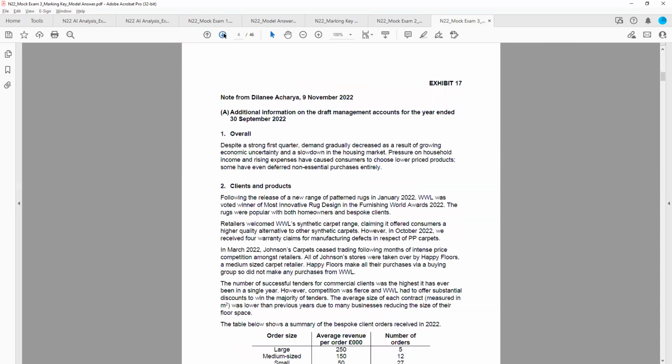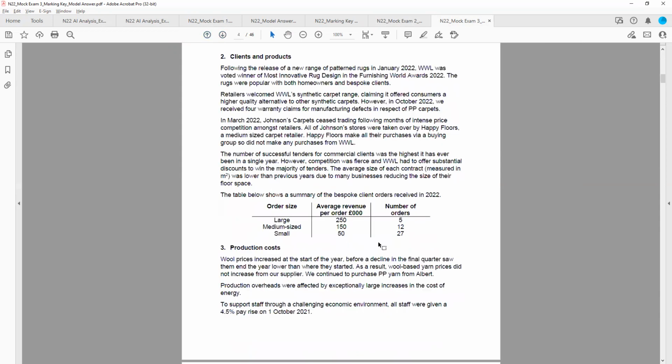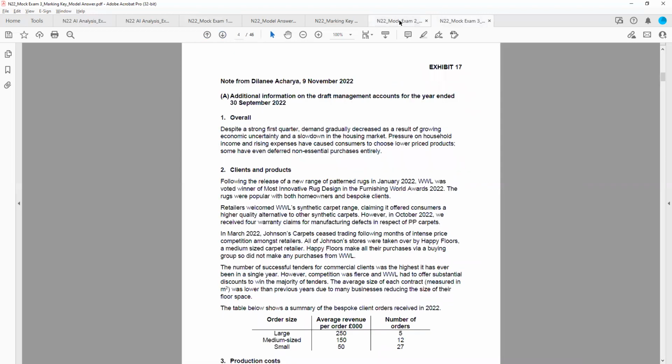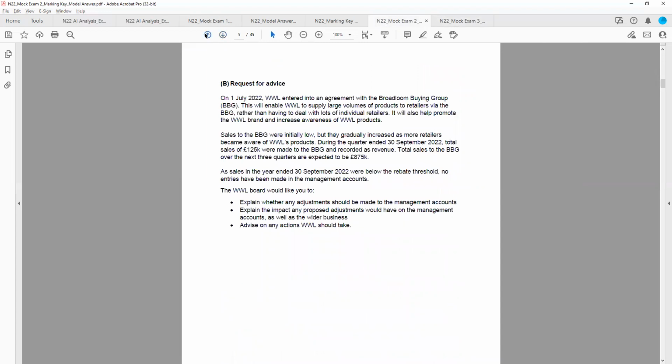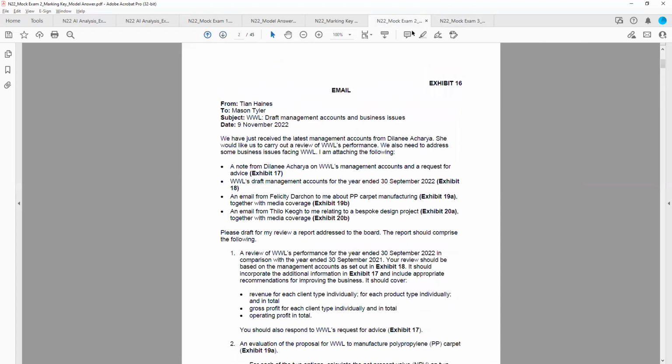So different reasons why numbers have gone up or down, different information that you are presented with in the exam scenario. So just as we have done in previous exams, I've taught you the exam technique, you can then go away and practice several similar questions, one after the other, so that you can master that exam technique.